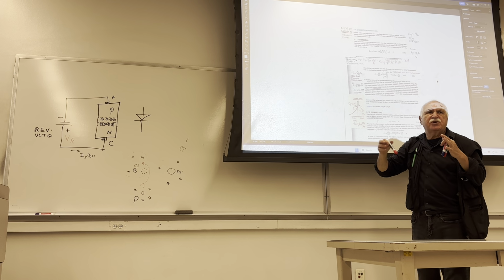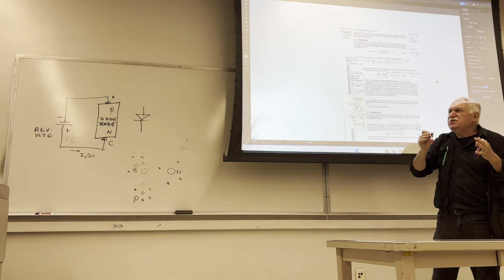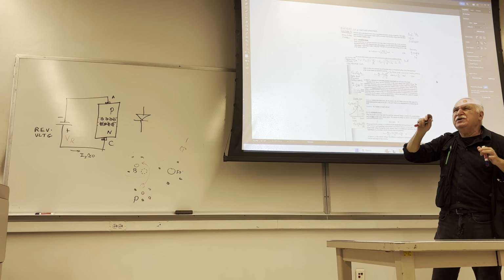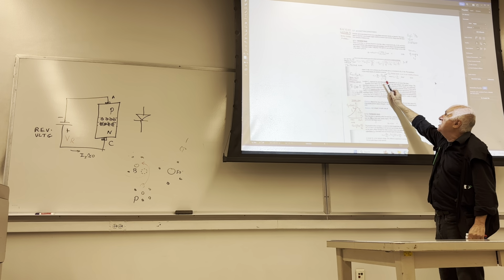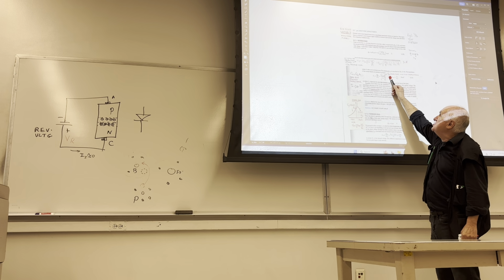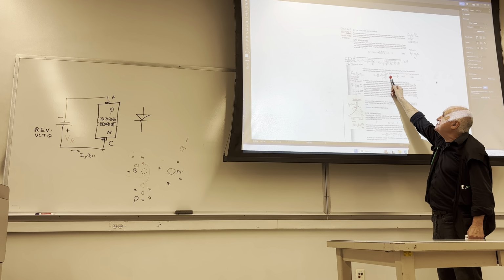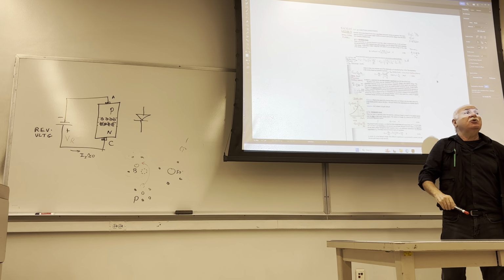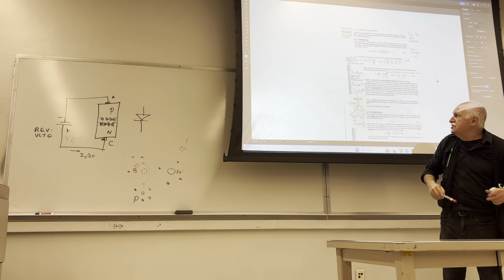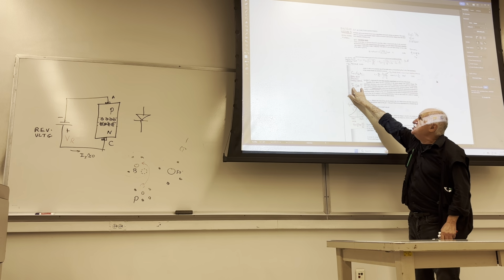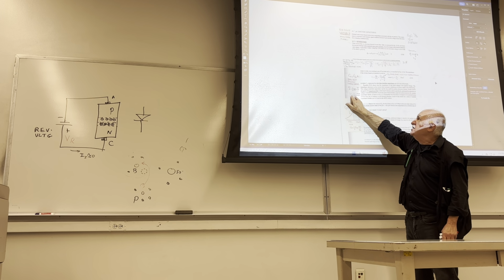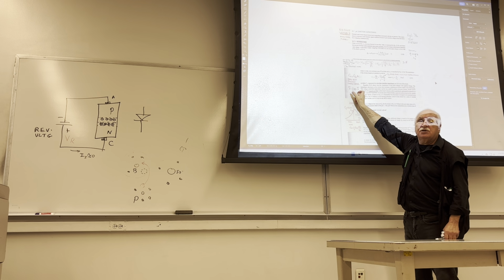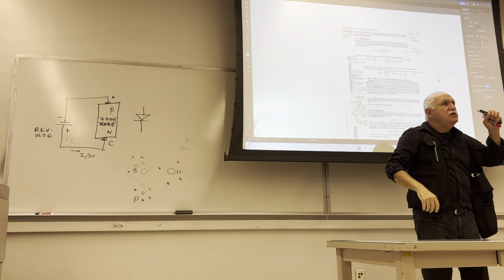With different concentration, you get different junction potential, but the limits are between 0.5 to 1 volt for Phi J. The top one, known as C0, is the zero bias capacitance. What is that? It is the capacitance between anode and cathode when the applied DC voltage is near zero.